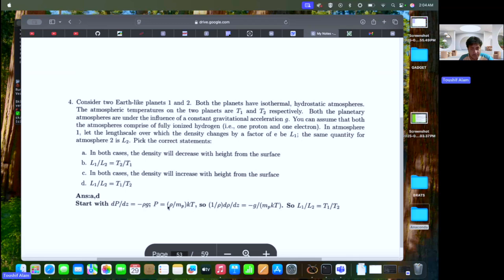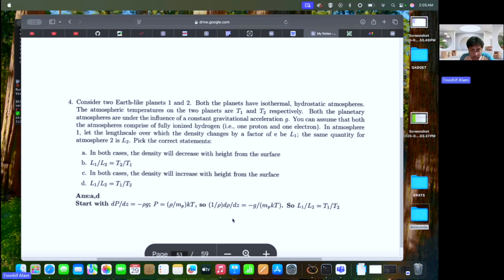If we replace P with this, then since temperature is constant, we get d rho dz, so 1 by rho d rho dz is minus g by mp kT.